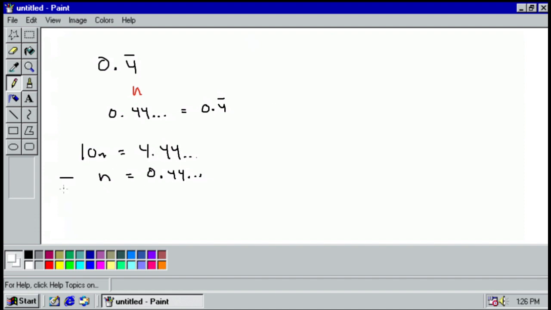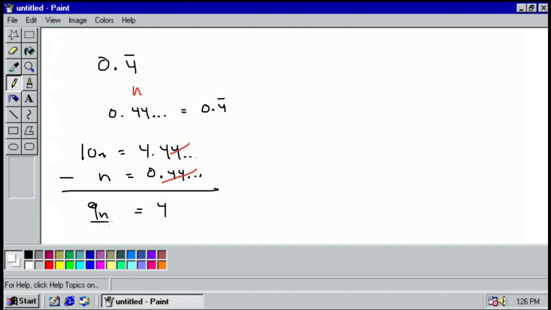As you can see, 10n minus n is 9n. And this part will cancel since both of them are the same. And that's 4.